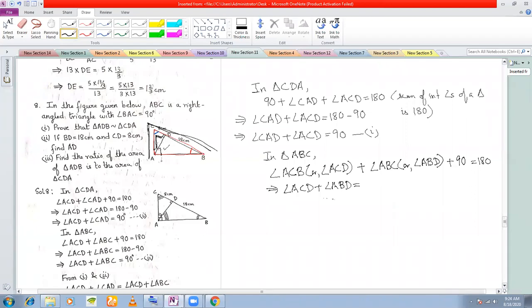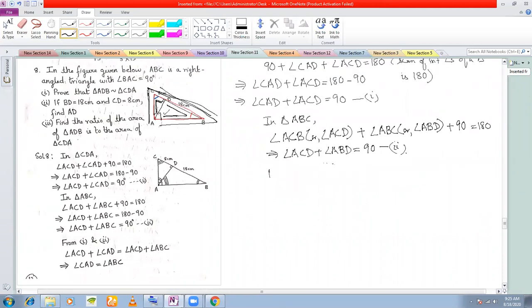For this angle also, the same argument. If I use a bigger triangle, then I call it ABC. If I use the smaller triangle, then I call it ABD. Okay, is equal to 90 degrees. So this is your second one. So now both from 1 and 2, both are equal to 90 degrees.